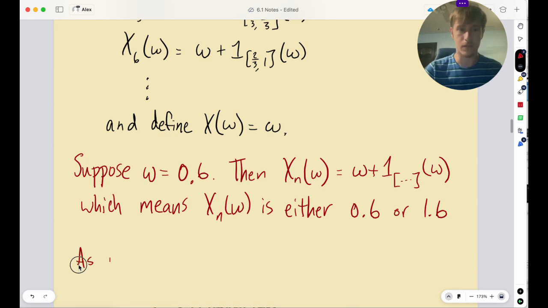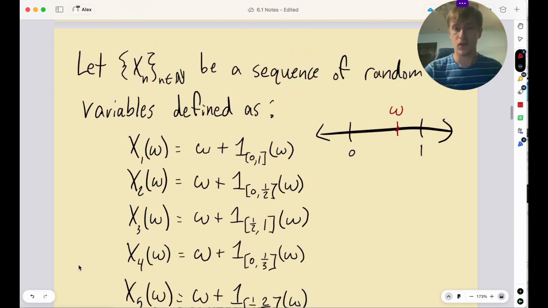As n goes to infinity, the interval 0 to 1, remember, we're going to split it into more and more regions, and the indicator function is only going to be 1 for one of those regions, or maybe even a couple. But if you put it in more and more regions as n goes to infinity, it gets way less likely.